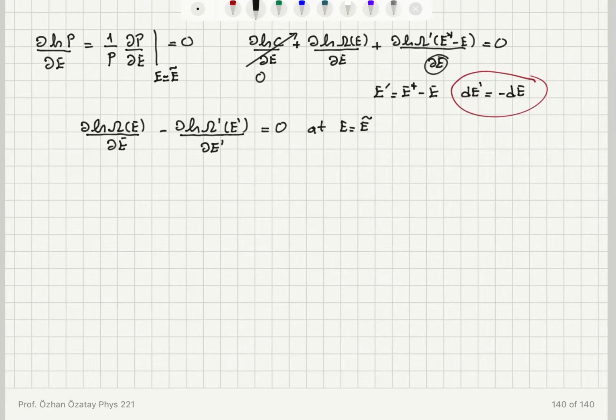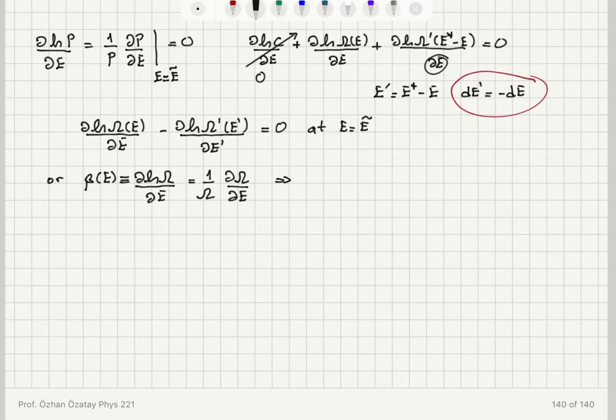So I'm going to define this derivative as beta. The beta parameter is a function of energy, defined as del ln omega del E, which is 1 over omega times del omega, the derivative of accessible states with respect to energy.